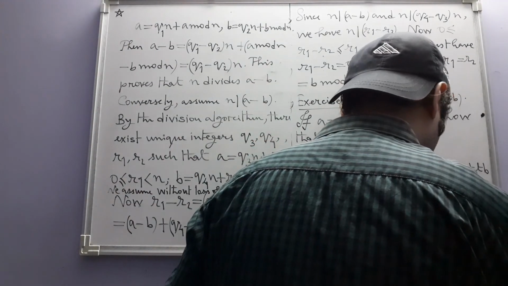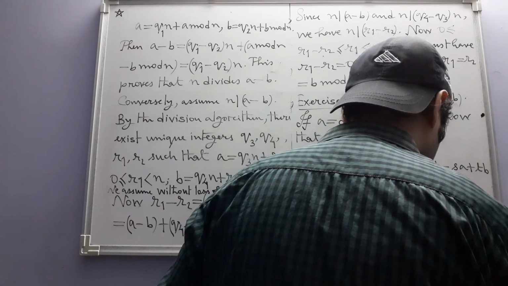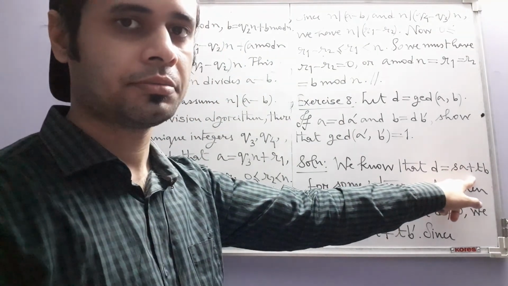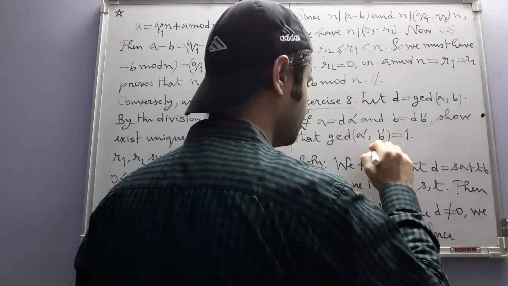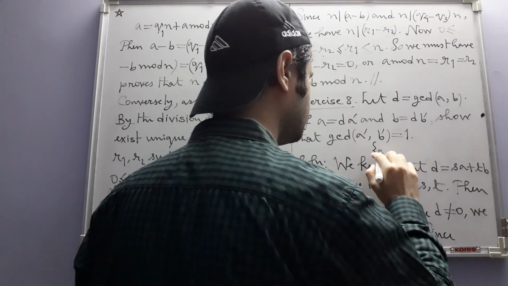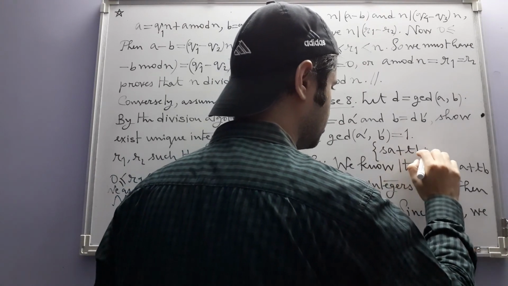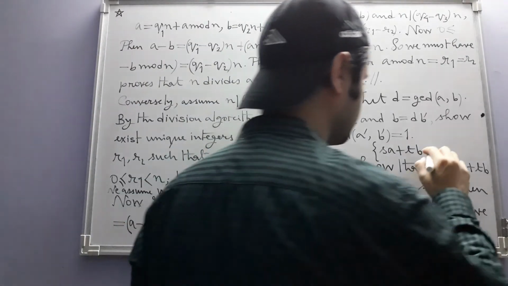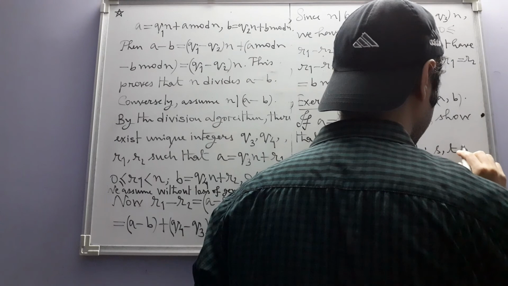If you go to the proof of this result, you will see that the proof starts by considering all the integers that look like this, where s and t are integers.